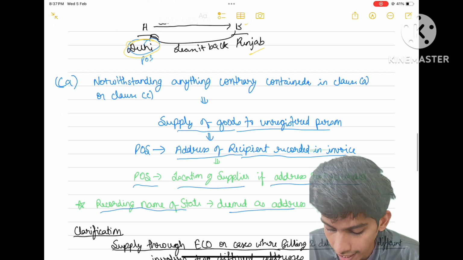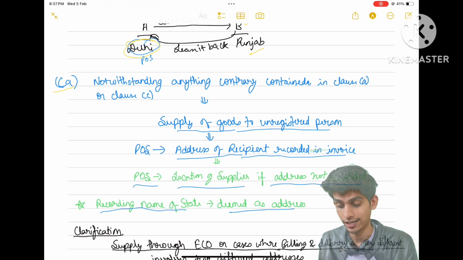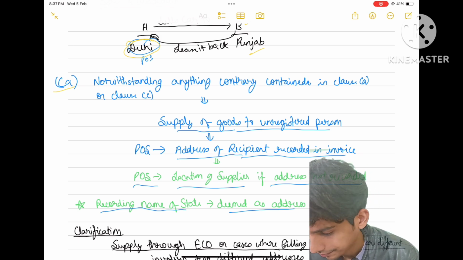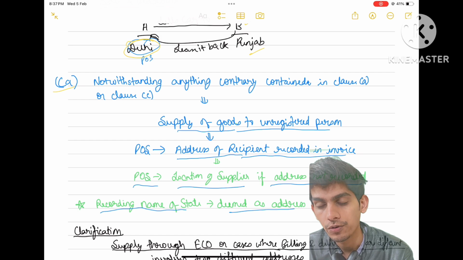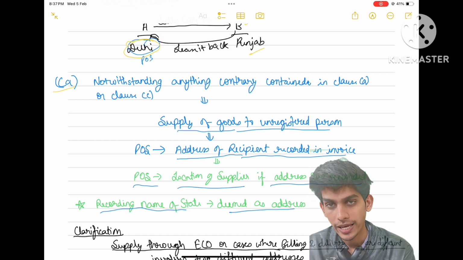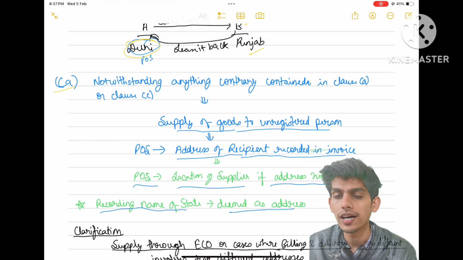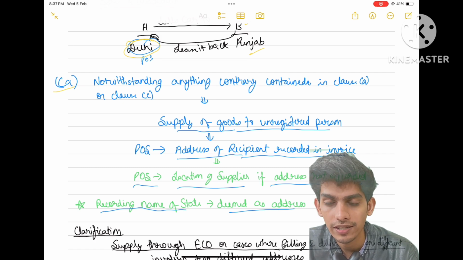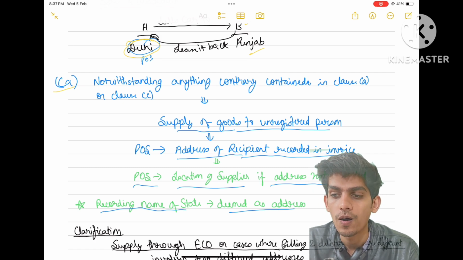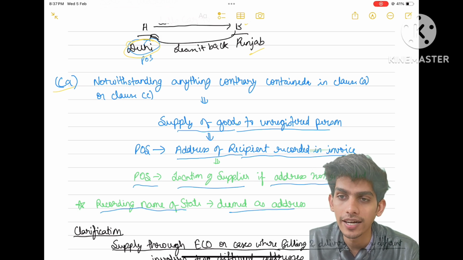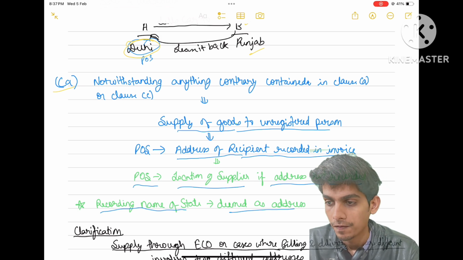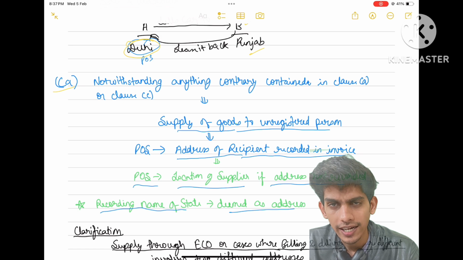Now we have Section 10(1)(ca). This is a new section. First understand why this section was introduced. It was mainly introduced because of online transactions, like e-commerce operators such as Amazon, or transactions happening at supermarkets like D-Mart and Vishal Mega Mart, where the buyer is unregistered.